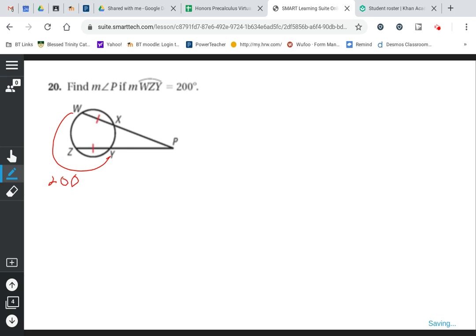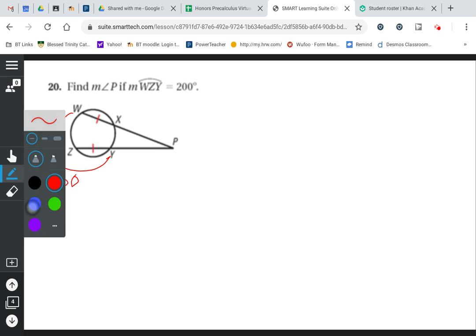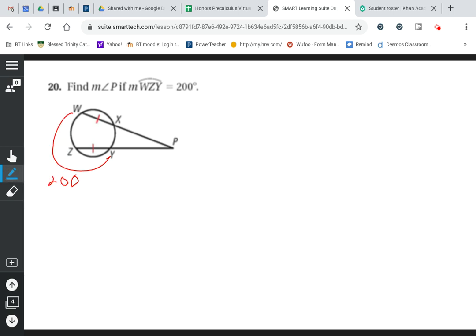Well, that doesn't help me directly because we're looking at a secant type of angle here. So what I need to do is ask, what am I looking at? We see that WX and ZY are congruent. If you remember, a theorem tells us that if the chords are congruent, then the arcs they create are congruent as well.